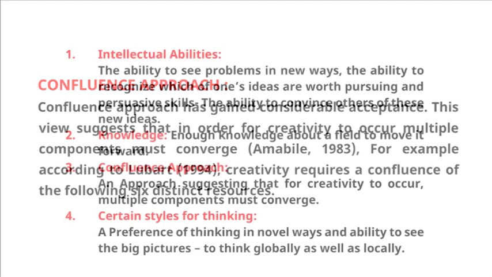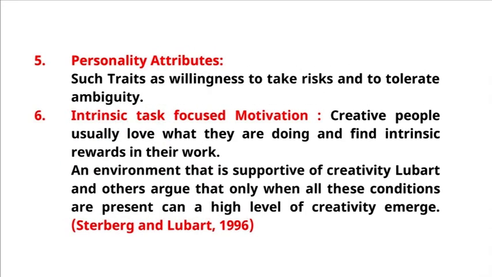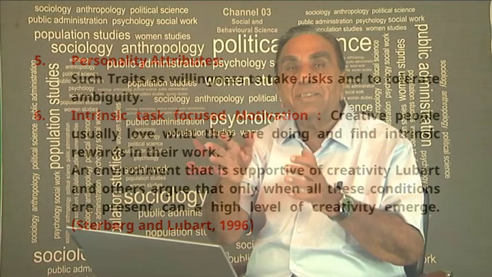Number 1, intellectual ability. Number 2, knowledge. Number 3, confluence approach. Number 4, certain styles of thinking. Number 5, personality attributes. And number 6, intrinsic task focused motivation. If we bring these 6 together, confluence meaning they converge, that will foster creativity.